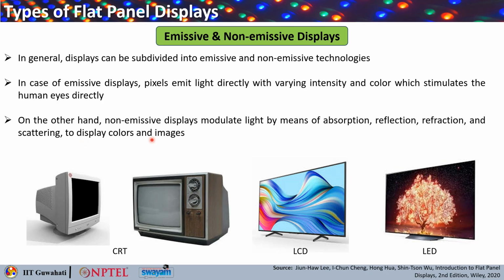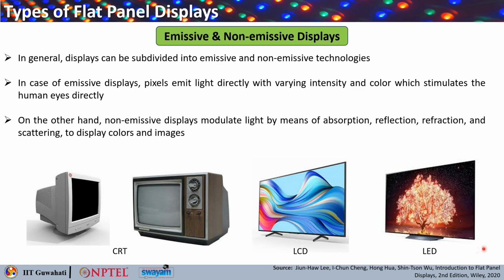On the other hand, non-emissive displays modulate light that is coming from the back. So you need a backlight source, and these displays modulate the incoming light by means of absorption, refraction or scattering, and that allows them to display colors and images.